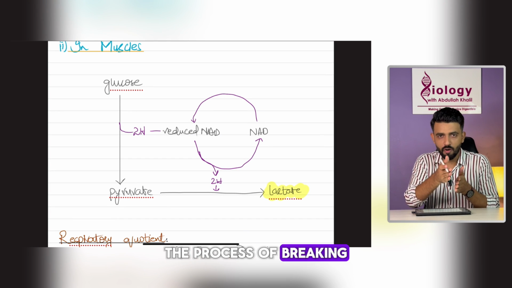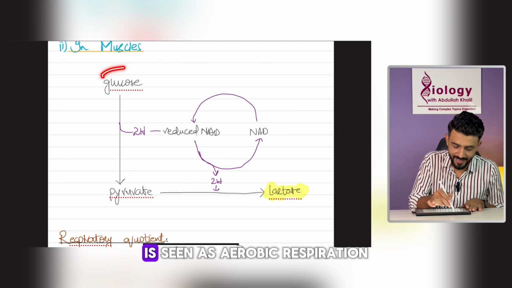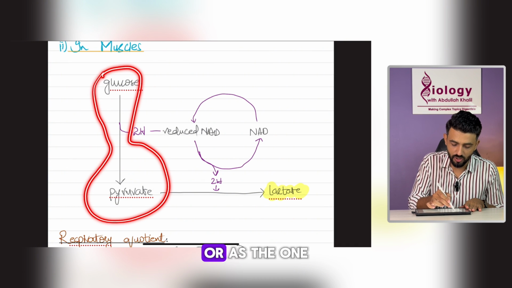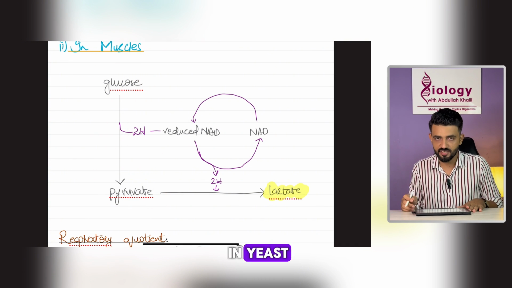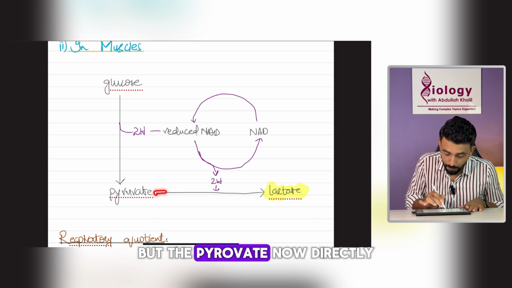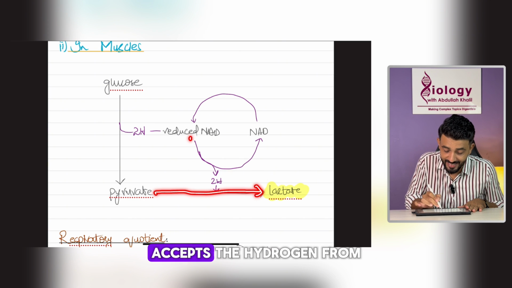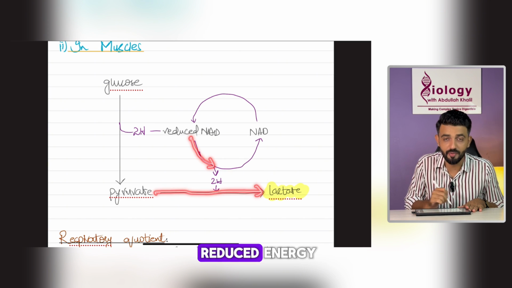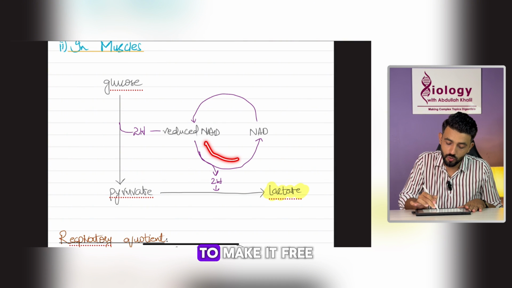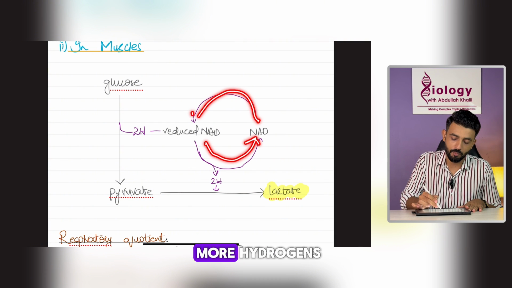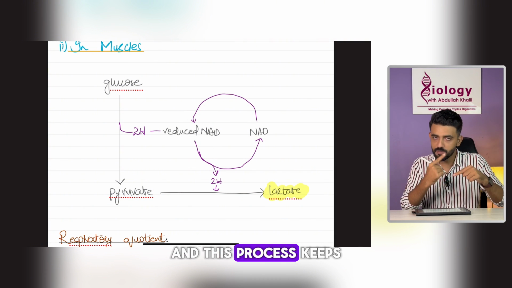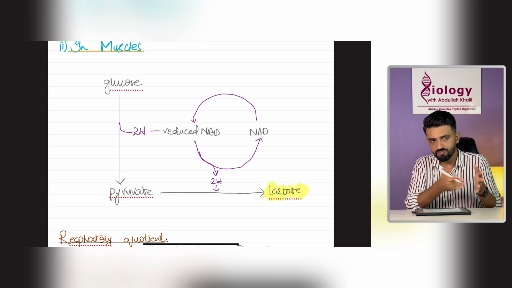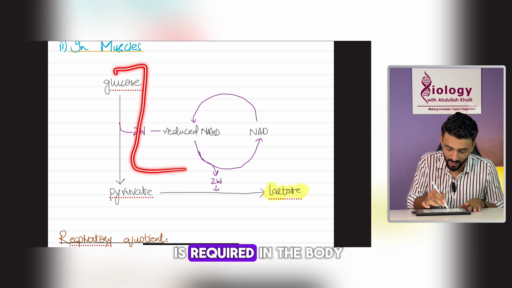So this is what happens here. The process of breaking down glucose into pyruvate is the same as aerobic respiration or as the one in yeast. But the pyruvate now directly accepts the hydrogen from reduced NAD to make it free. So it can accept more hydrogens, and this process keeps on running as long as it is required in the body.